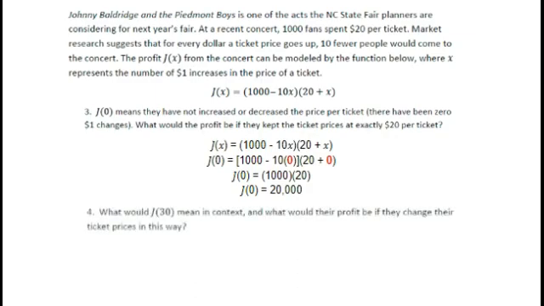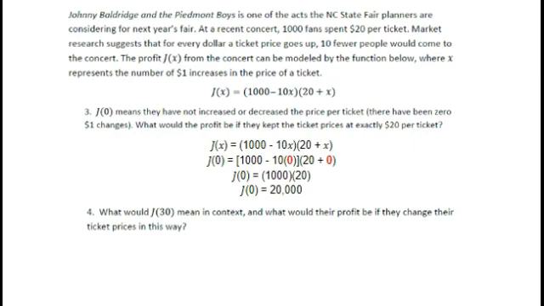And so then the next question asks us, what would J of 30 mean in context? And what would the profit be if they changed their ticket price in that way? So we know that x represents the number of $1 increases.